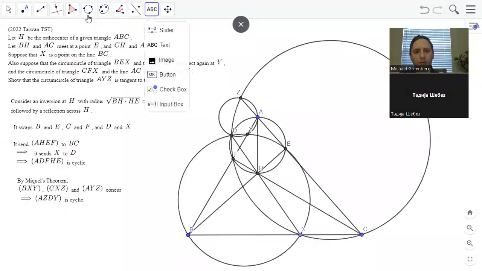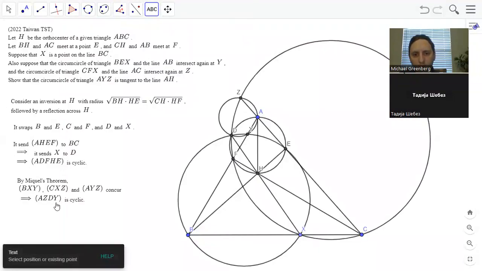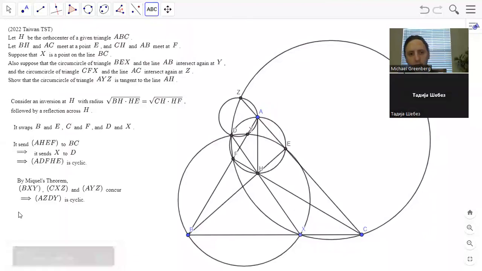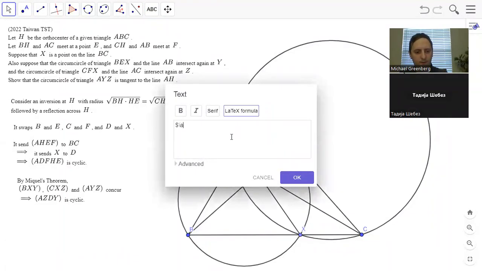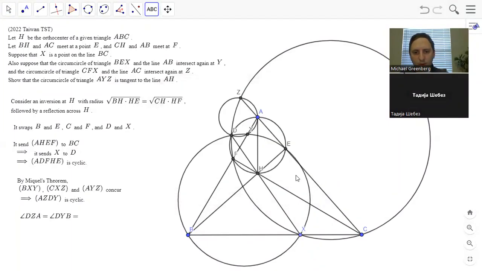So, okay, let's write it out. So DZA is DYB. I don't know if there's an easier way to do this, but DZA is DYB, which is DXB.